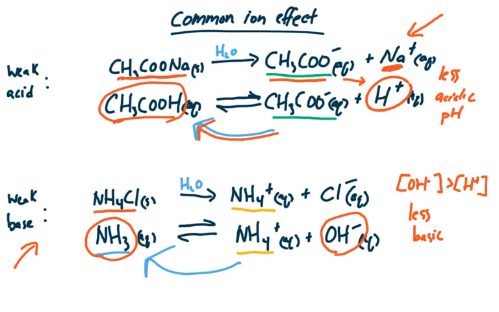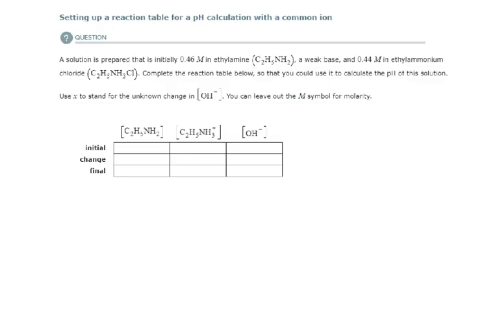Well, because we have a common ion here, then the equilibrium of this reaction, the ionization of ammonia, is shifted to the left, which means the concentration of our hydroxide ions is going to decrease and the solution will be less basic. So now let's take this information and apply it here to this topic.